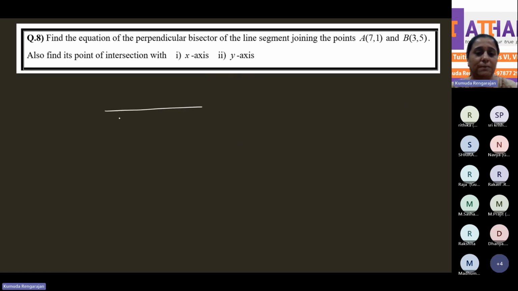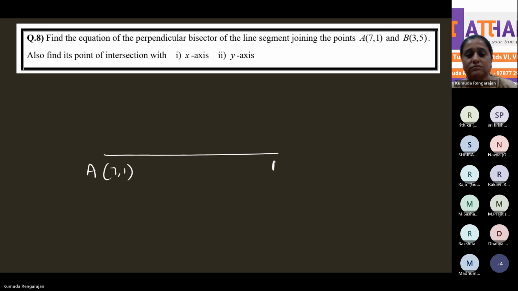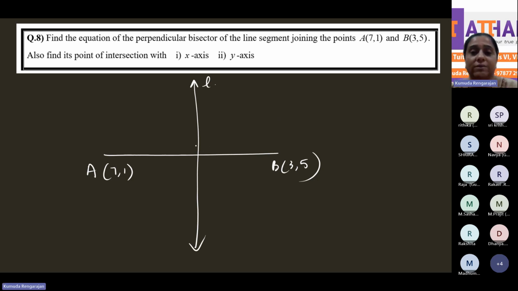So now let me take it like this. So we know that any point on the perpendicular bisector, you take any point on the perpendicular bisector.